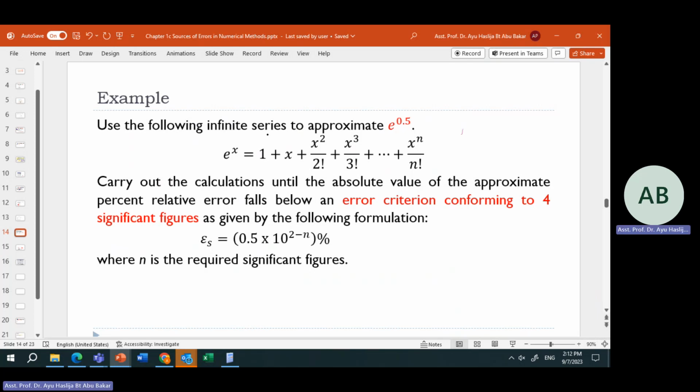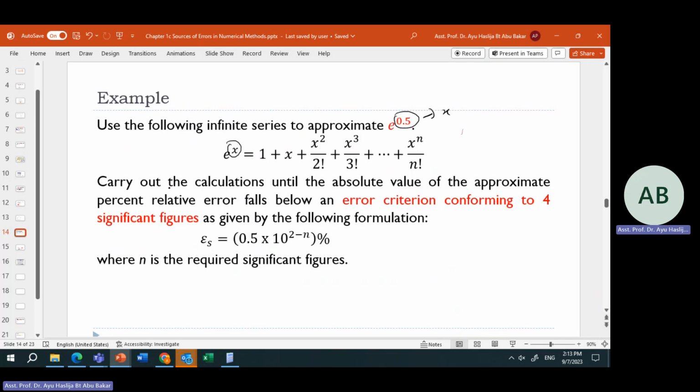Using the following infinite series to approximate e power 0.5. Here, 0.5 is the x for this function. This is the long version of the function, e power x, the Taylor series.